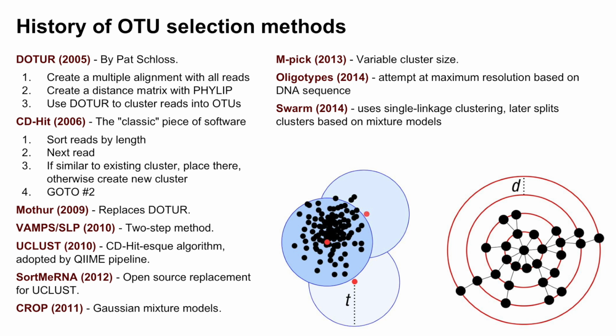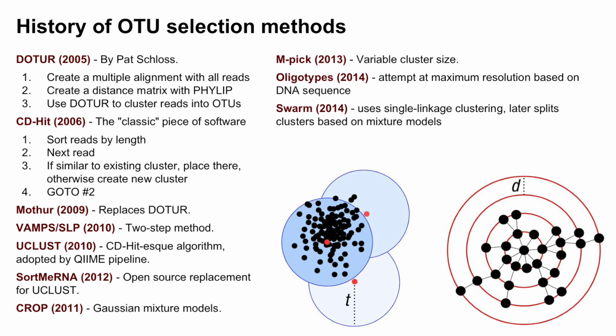Then people said, well, why don't we just use fancier methods to try to get better clusters? So what if we have to wait a little while? Some people wrote software to use Gaussian mixture models and really try to optimize this. MPIC was a piece of software that tries to address this issue by varying the cluster size to optimize that.